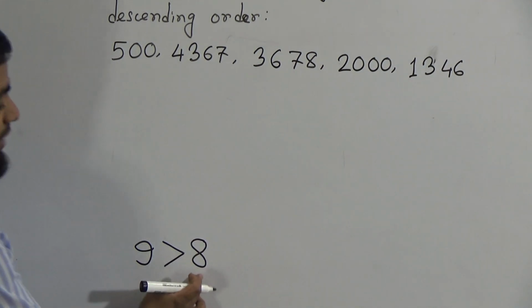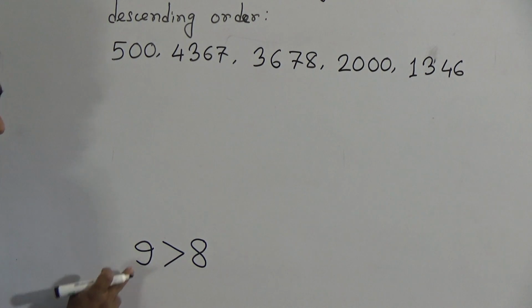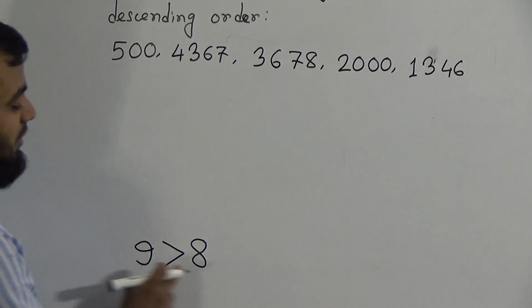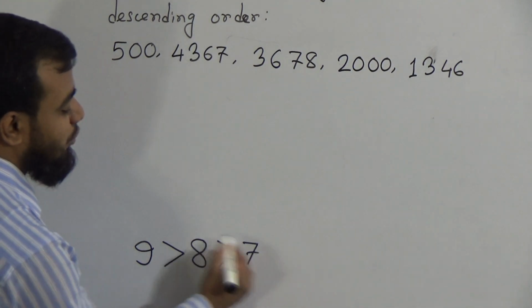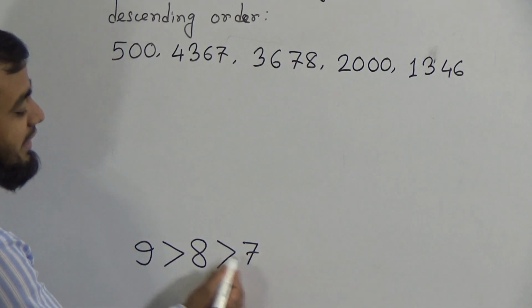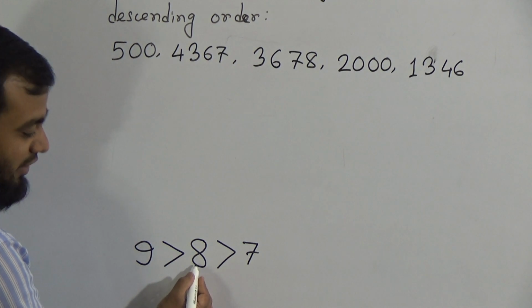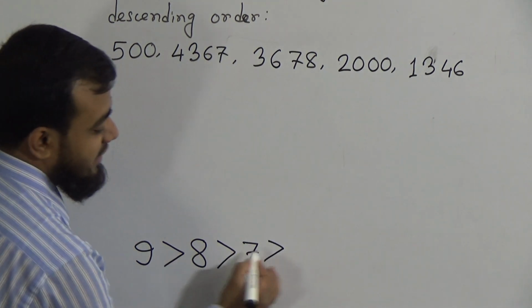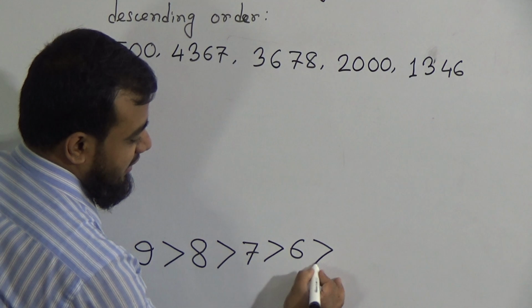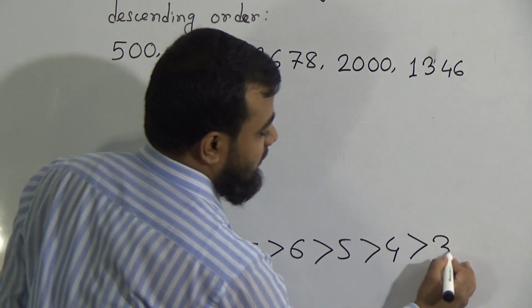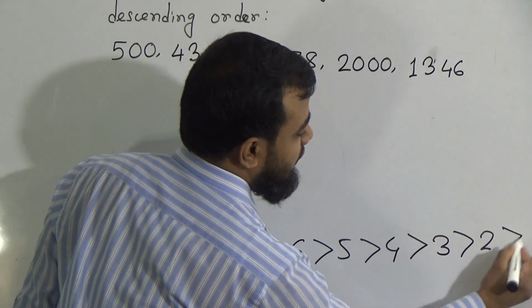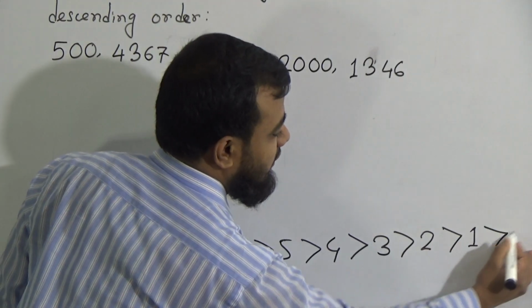Between 8 and 9, 9 is greater. Between 7 and 8, 8 is greater than 7. Like this, 7 is greater than 6, 6 is greater than 5, 5 is greater than 4, 4 is greater than 3, 3 is greater than 2, 2 is greater than 1, and 1 is greater than 0.